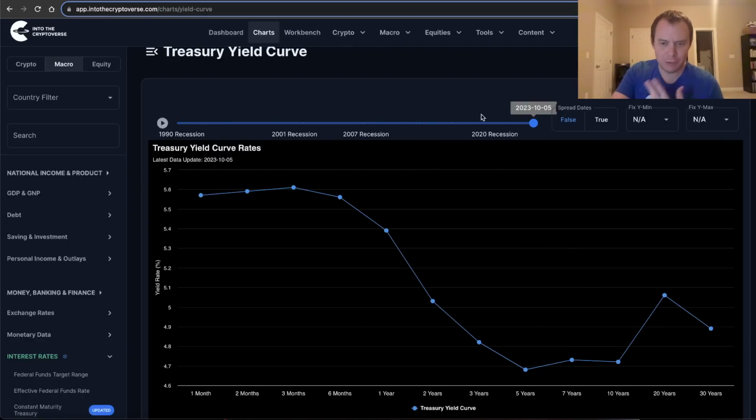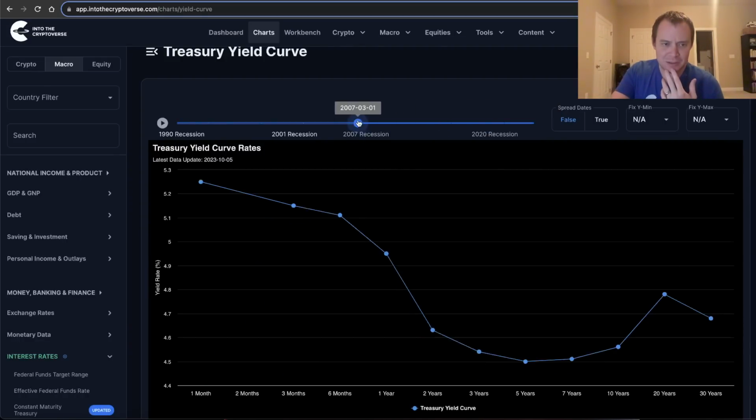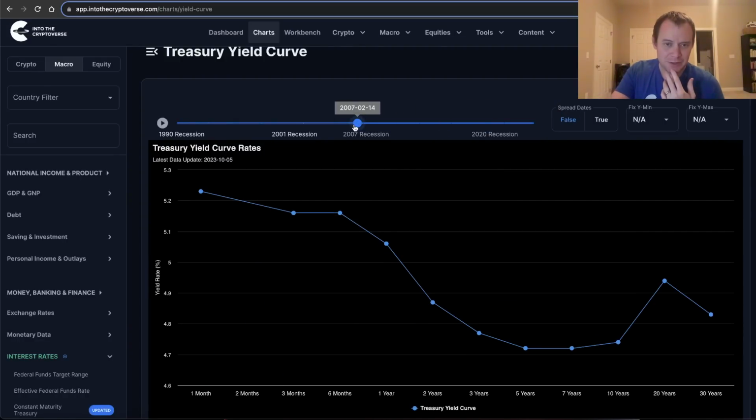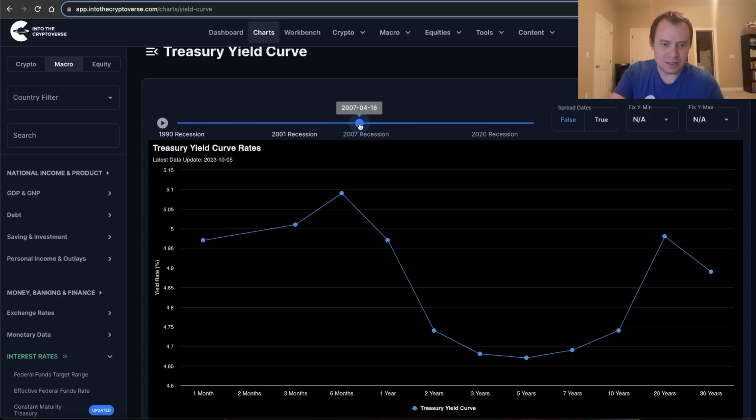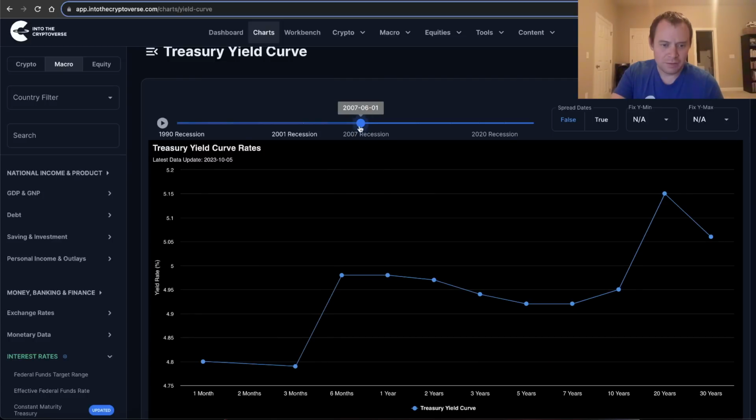So to give you an example of what I mean, let's go back to 2007. Okay, and what you'll see here is look at where the Treasury yield curve is here, 5.2%. Down here, it's at 4.7. Now let's go forward a little bit, right? We just barely moved forward, and you can see that the short end of the curve started to drop.